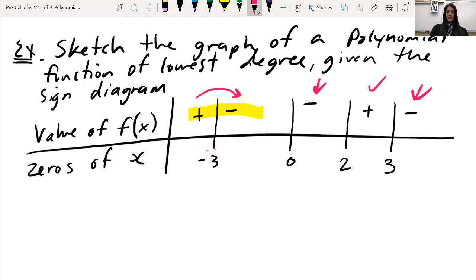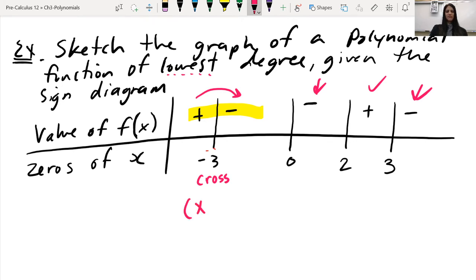If the zero is at -3 and it went from positive to negative, this must be a cross. I know it's a cross and not a slide, because both could make the values go from positive to negative, but I choose the cross because it says to pick the lowest degree. A cross is less than a slide, because a slide happens when we have multiplicity of 3. So that helps us figure out what's happening here.